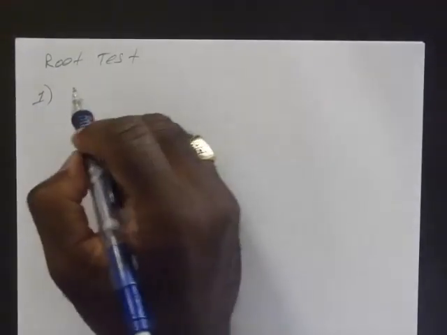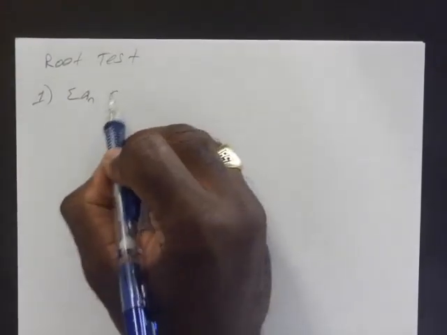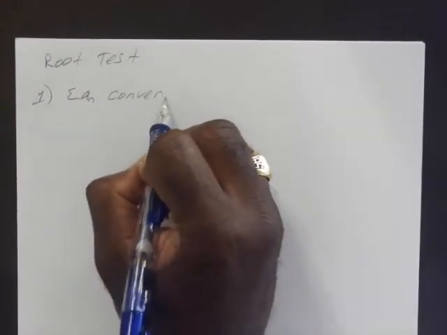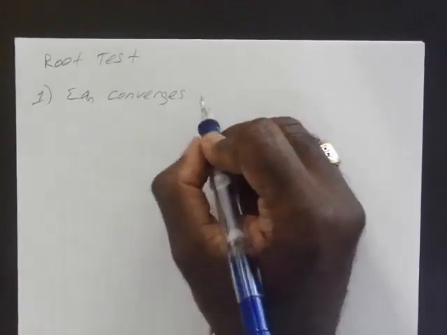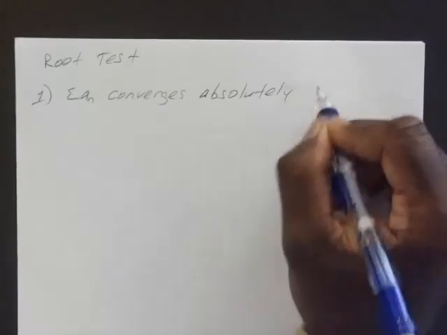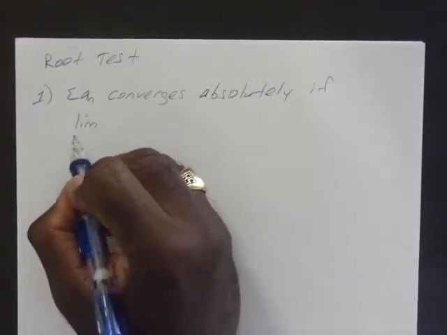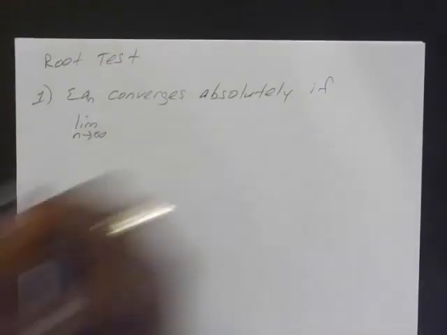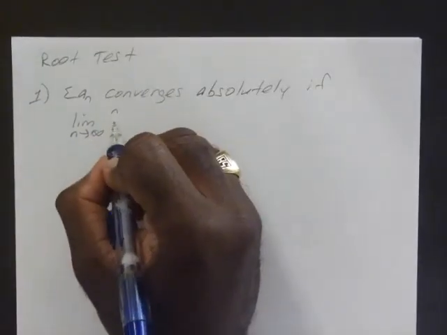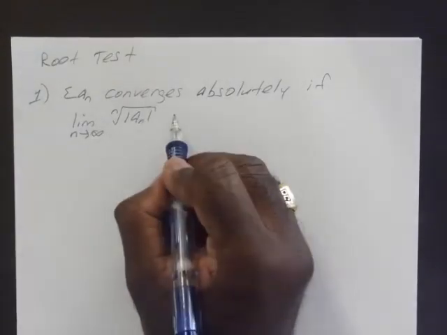So we know that the series converges absolutely if the limit as n approaches infinity of the nth root of the absolute value is less than 1.